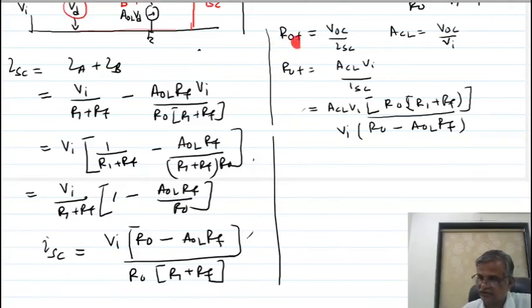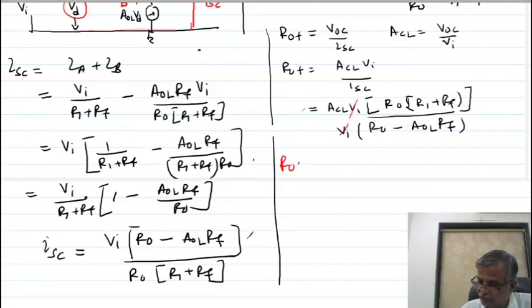You know this equation of output voltage upon current. What is the gain? Output voltage upon input voltage. So this value is nothing but ACL into VI. What is the short circuit current? Already we have calculated. So VO into this. Now VI is cancelled.